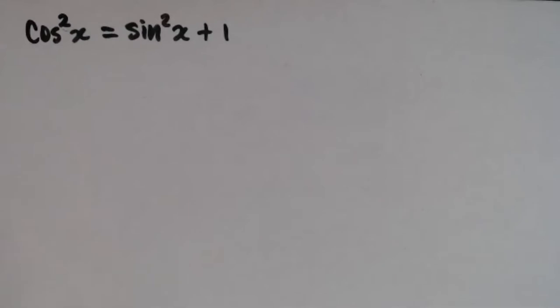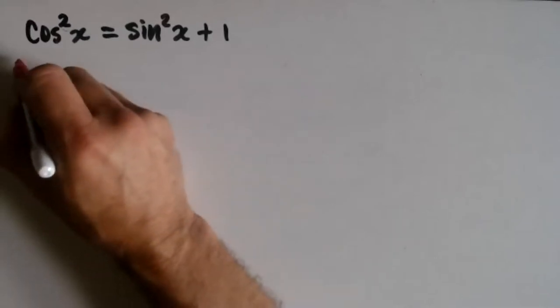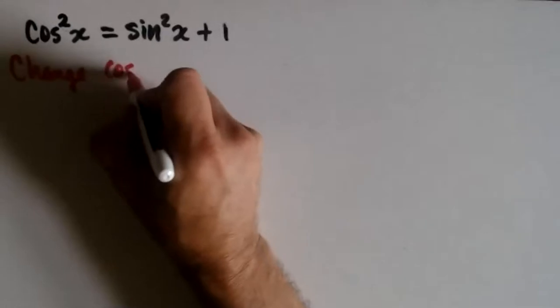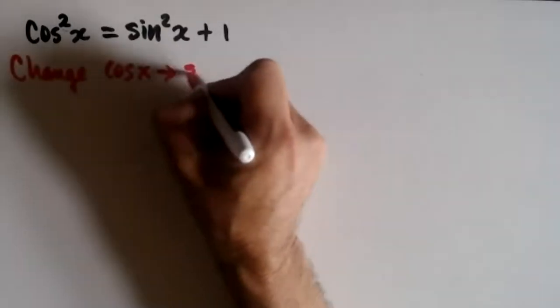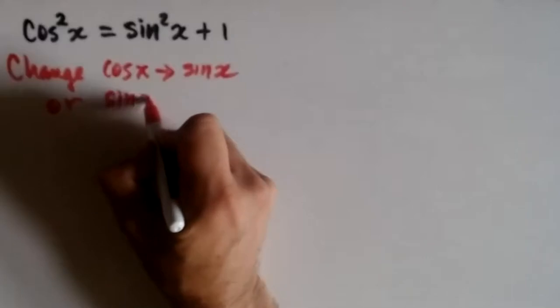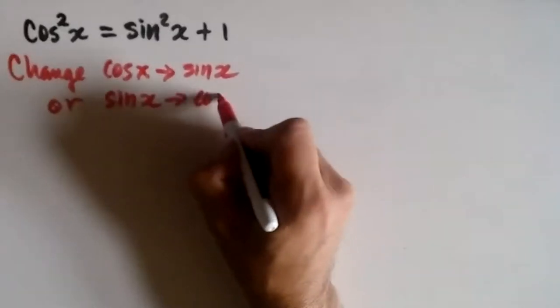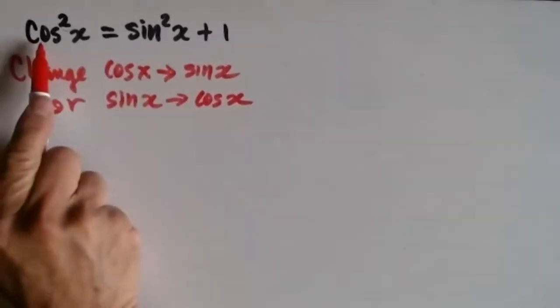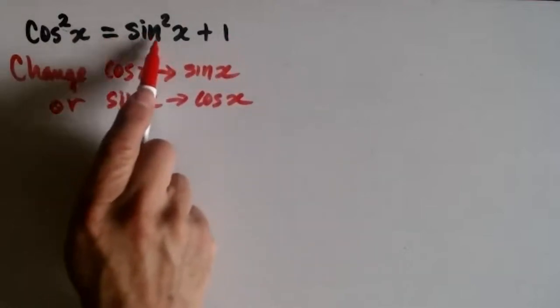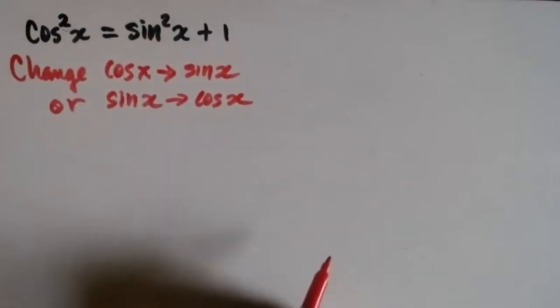So my first option is change cosine into sine, or sine into cosine. Because if I change this by a sine, I have a quadratic. And if I change this by a cosine, I have cosine squared, another quadratic.